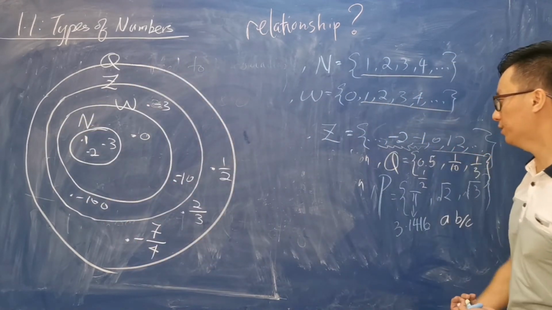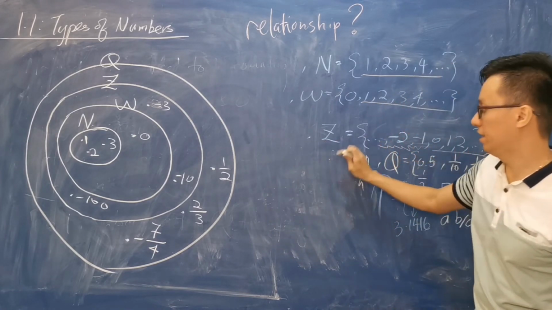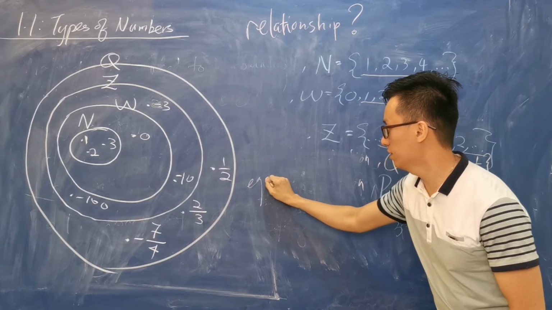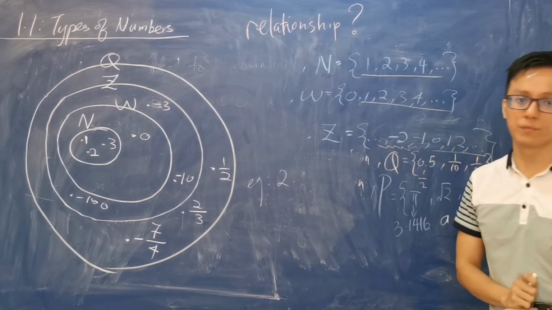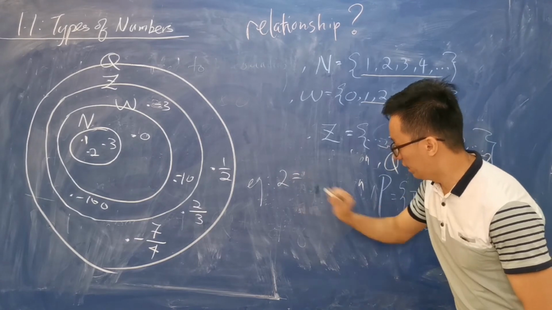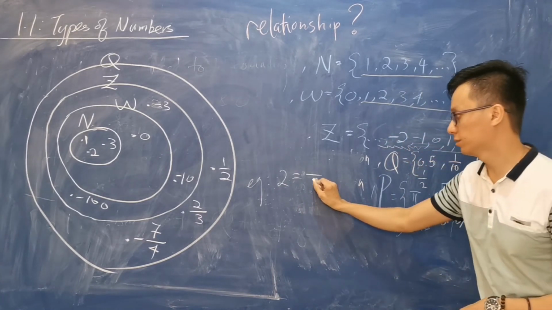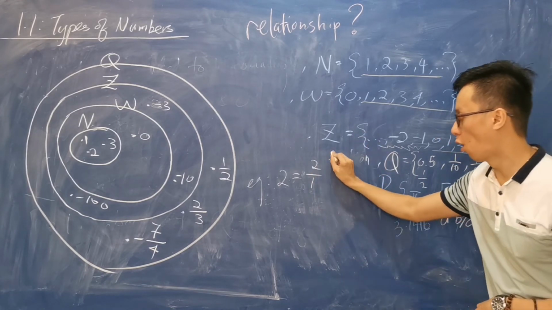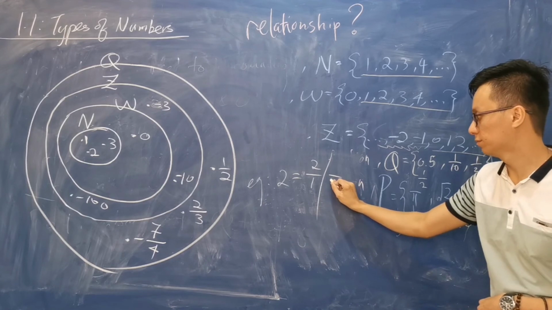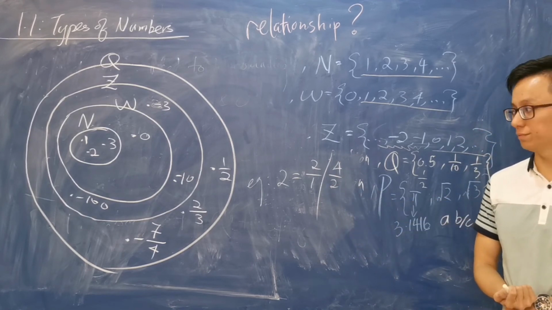It is very simple. This is because all the integers, for example, the integer 2, we actually can represent as 2 over 1 or 4 over 2.